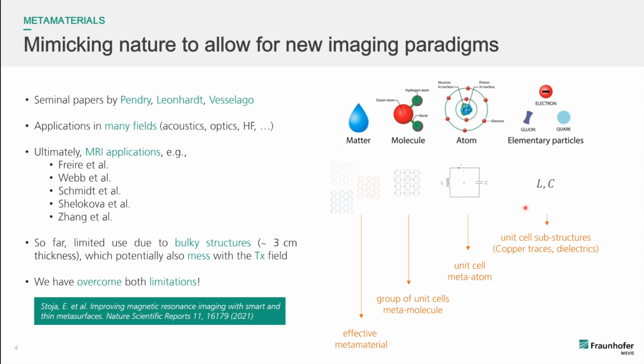Almost all of the work showed this enhancement only for the body transmit coil. For smaller coils, it's a little bit more tricky, and I will come back to this later, how to really achieve an improvement in that regime.